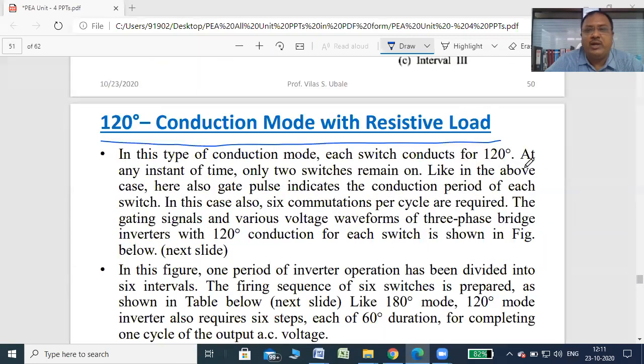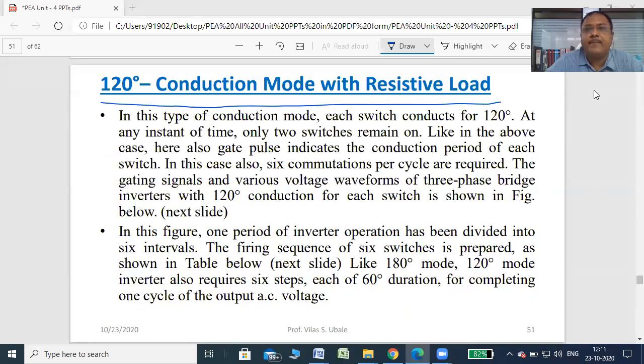Now next one is 180 conduction mode. Three switches conduct at a time. This is one answer. What is the advantage of this 180 conduction mode? Basically, in 180 conduction mode, you can check your output is present up to the complete 180 cycle.